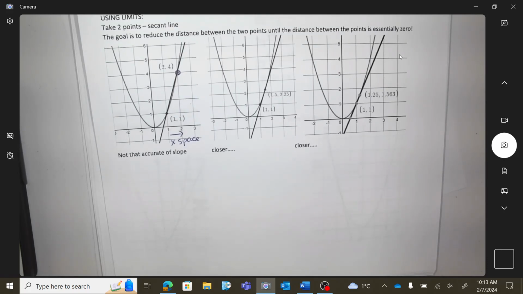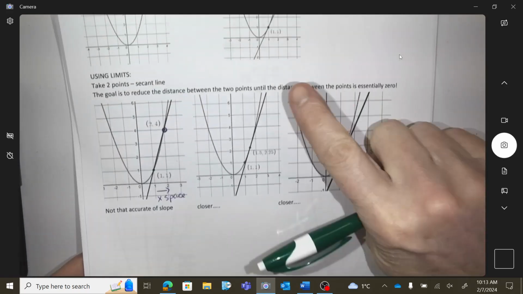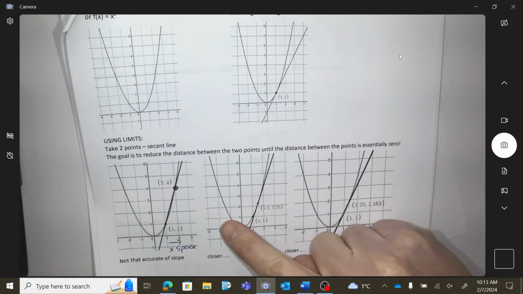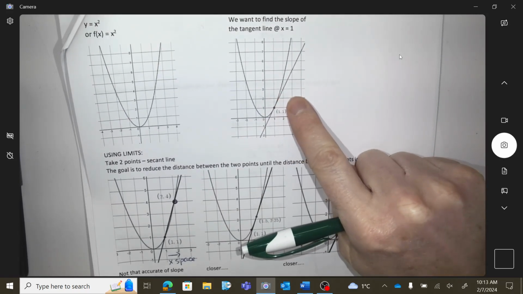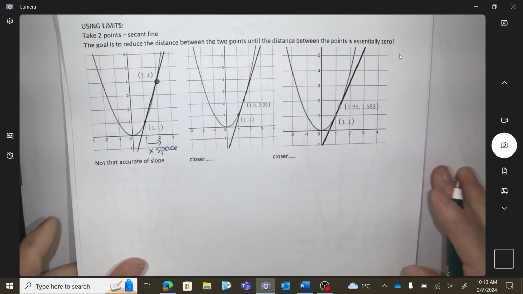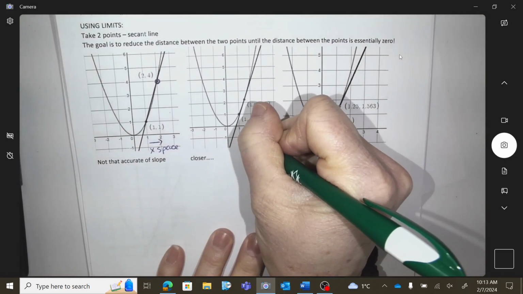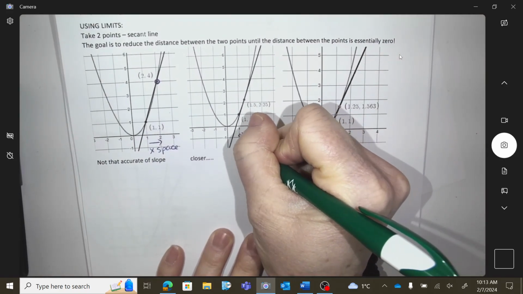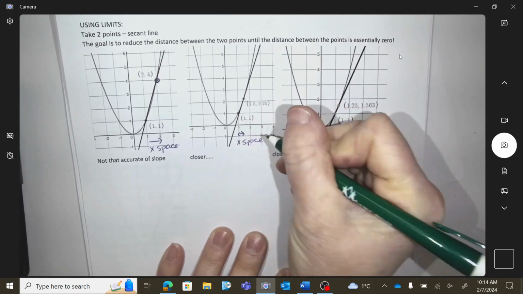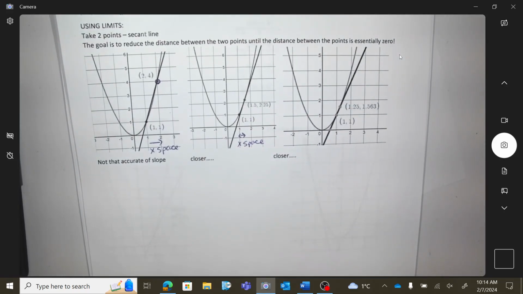So the slope of that is not that close to the above picture, right? The slope of that line is not that close to that. So now look at the space I put between the points now. I reduced it.